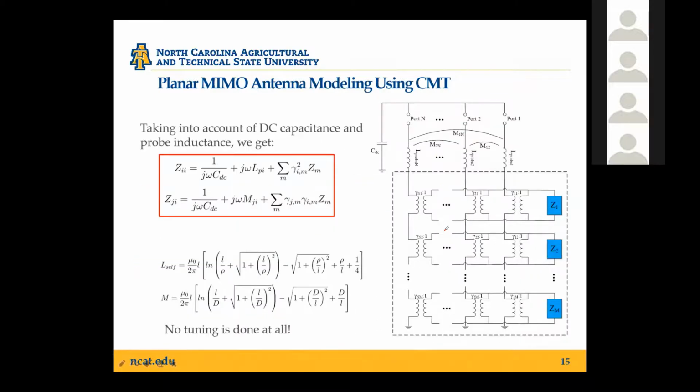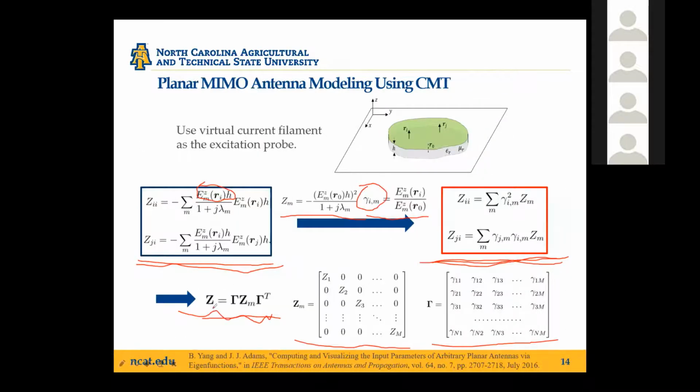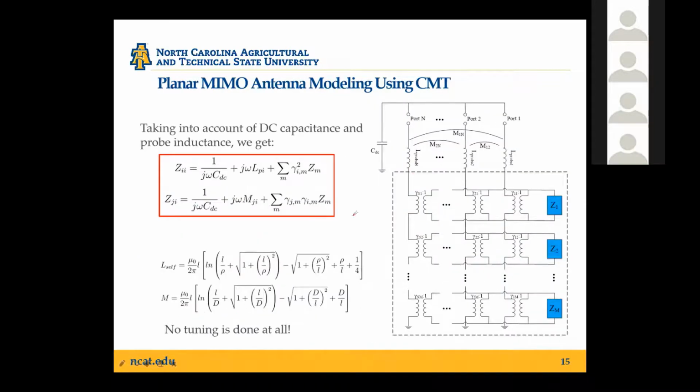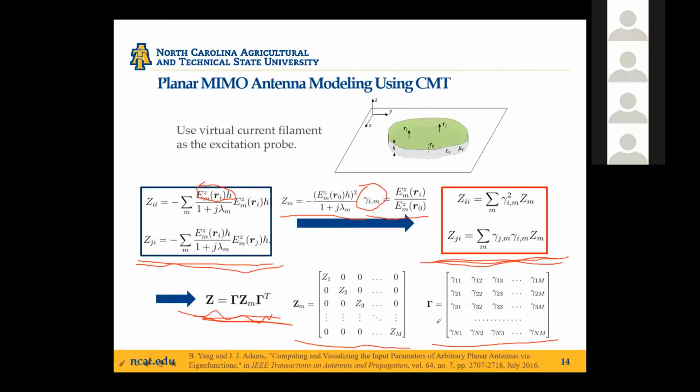So again, you can cast this transformation relation into a transformer bank network, which is essentially what is shown in the dashed box here. The Z1, Z2, all the way to ZM are the modal impedance for each individual characteristic mode. And the transformation ratio for the transformers is essentially the coefficient or the entry of this gamma matrix here.